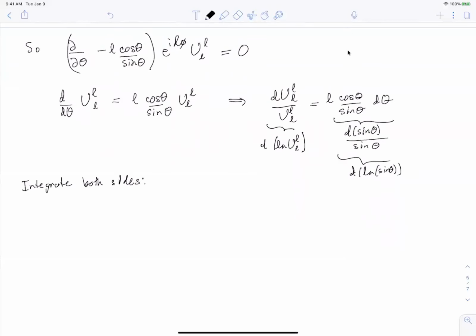What we get is u_LL is equal to sine theta to the L-th power times the exponential of a constant of integration. This is some constant with respect to theta and phi, but it could be a function of r.